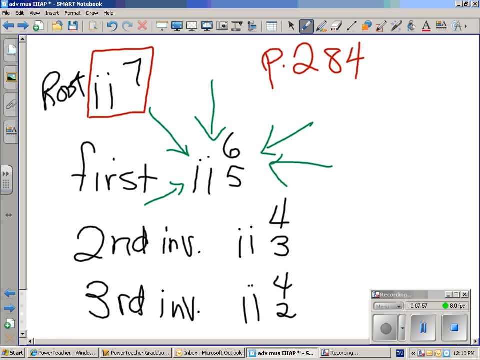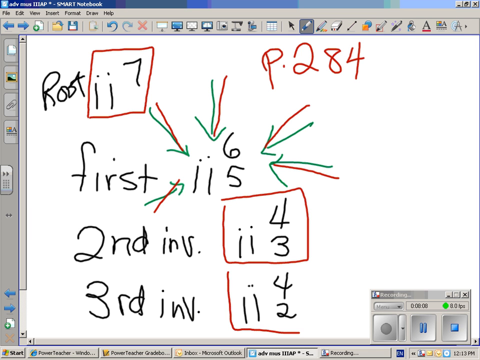You'll see it most often in first inversion. You'll see it sometimes in second inversion, and you'll see it sometimes in third inversion. But notice that I've got all the attention focused on first inversion, because on the bottom of 284 it says it's used far more frequently than the other positions, though all of them are useful. Notice first inversion has the numbers 6, 5.